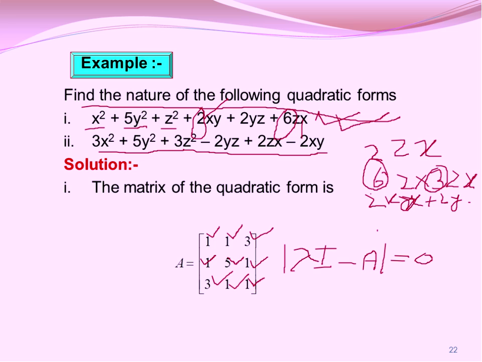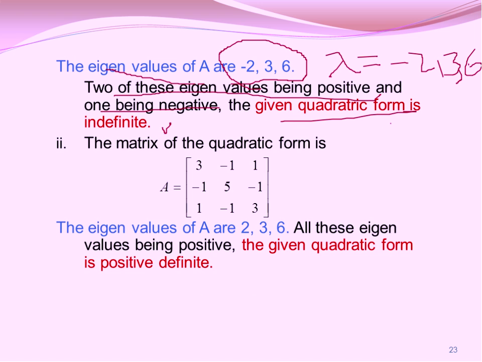Similarly, the second question: 3x square plus 5y square plus 3z square minus 2yz minus 2zx minus 2xy. This is the equation, so find the nature of this quadratic form. First of all, we have to write the matrix.